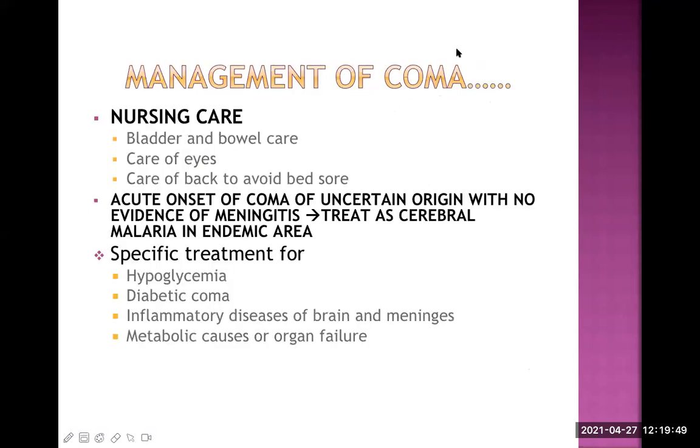Now, nursing care is absolutely important point here. Okay. The nurses who are taking care of this patient have to take care of bowel and bladder regularly, especially the urinary bladder. Now, catheterization has to be done. And there are different types of catheter these days. One is called self-retaining Foley's catheter. So once we put that inside, we don't need to worry much.